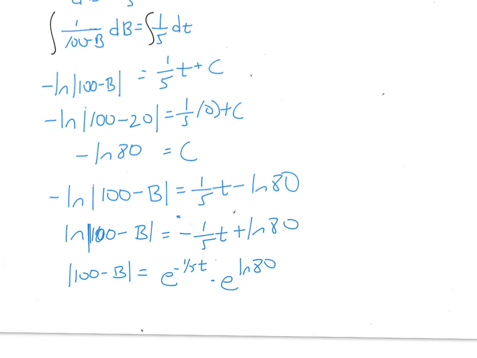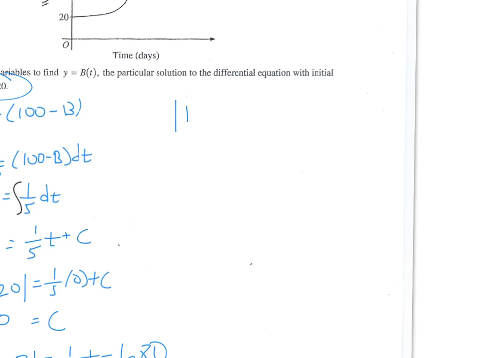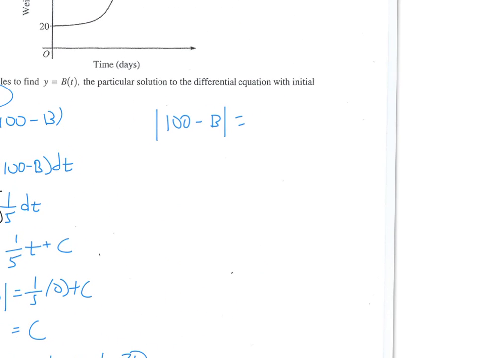And what that does for us is allows us to simplify this. This is really just 80. So now we've got 100 minus B is equal to e to the negative 1/5 t times 80. Actually, maybe we'll just make that t over 5.